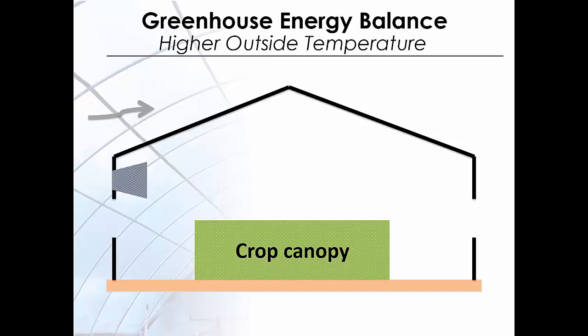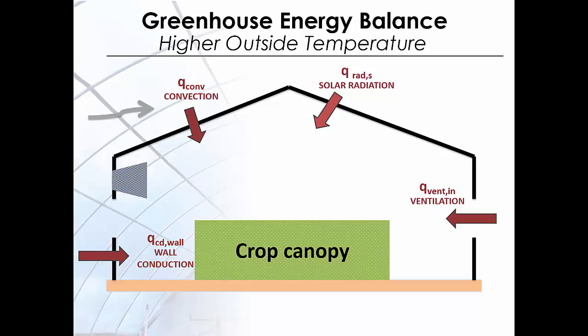When the outside temperature is higher than the greenhouse air temperature, the energy gain of the greenhouse will be determined by the solar radiation availability and energy input to the greenhouse system due to convection and conduction through the walls, as well as energy gains due to the ventilation process.